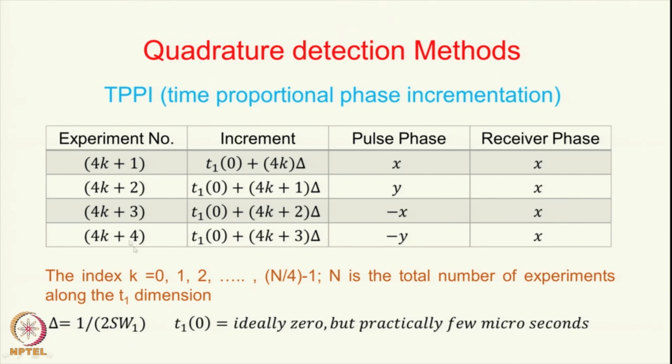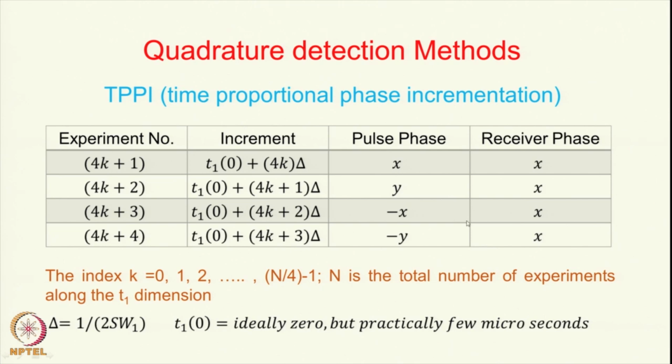So, let me repeat here, because these are very important concepts. If you are doing n experiments here, you group them into groups of 4, and in each group the increment is systematically done as 0, delta, 2 delta, 3 delta, and the pulse phase is incremented along with that as x, y, minus x, minus y, and the receiver phase is kept constant, it is not changed: x, x, x, x.